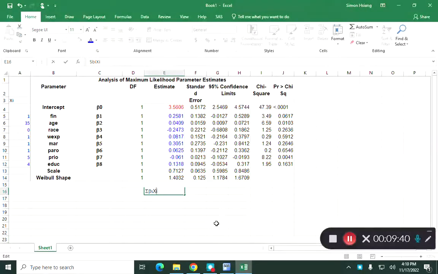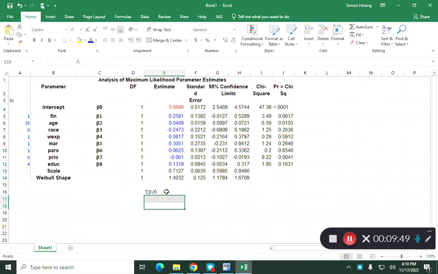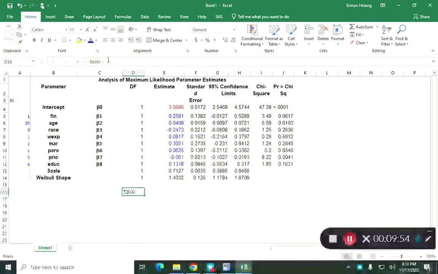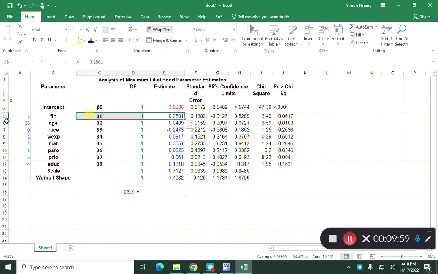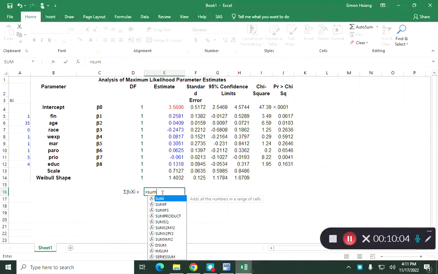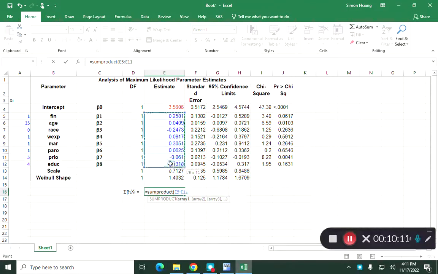I need a summation of beta i times xi, and of course at the beginning I need to have an x0. So it's this times this, this times this. All I need to do is a sum product of everything times everything.